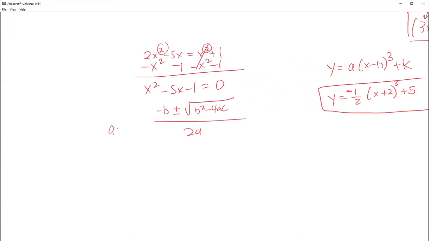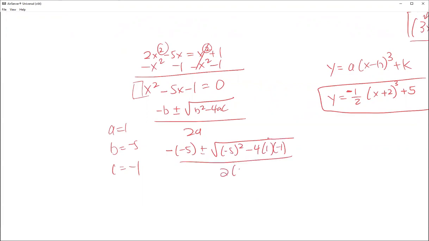A is 1, right? That's the number here. B is negative 5, and C is negative 1. So negative, and then negative 5, plus or minus the square root of negative 5 squared minus 4 times 1 times negative 1, all over 2 times 1.